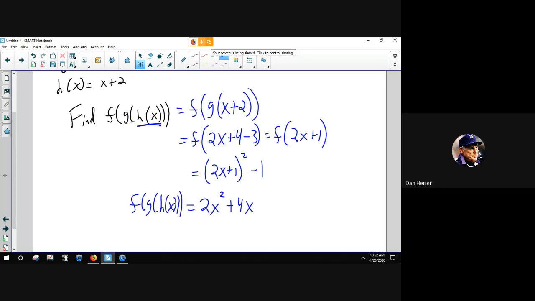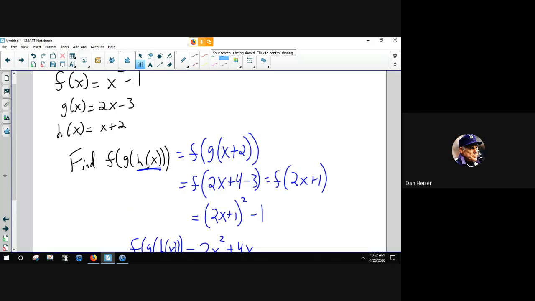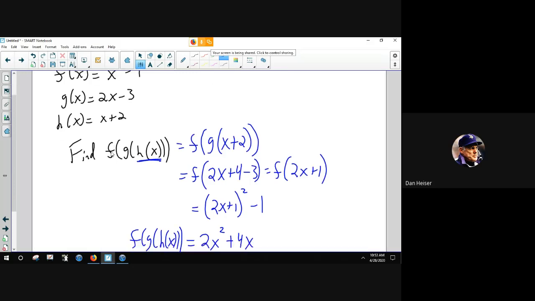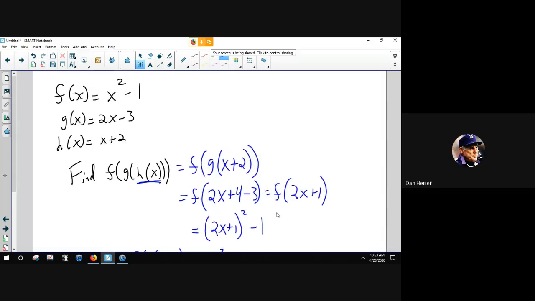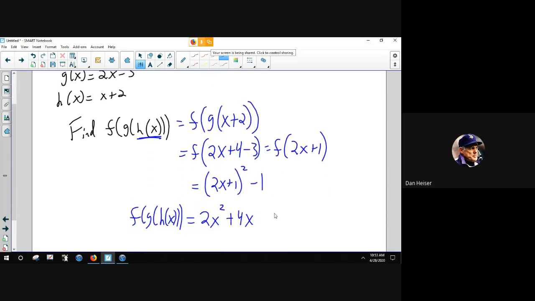That's our one formula to go from h all the way to the end in one shot. So instead of having to plug something into here, plug the answer into here, plug the answer into here, nope. Whatever x is, we plug it into here, and we get the end right away.